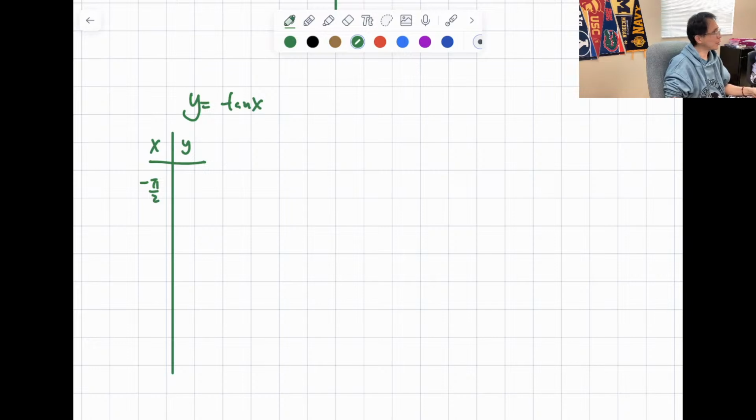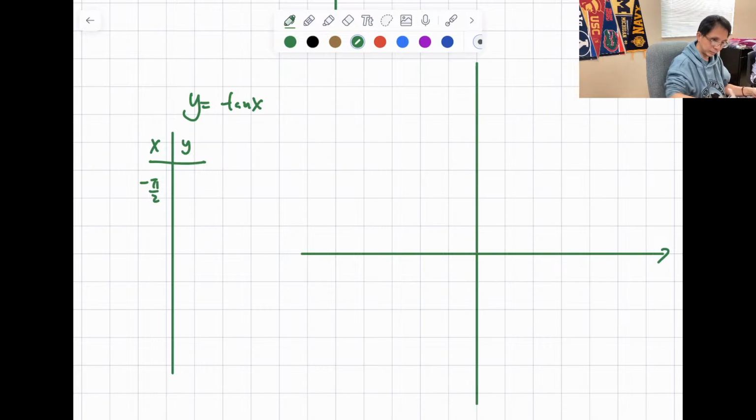What happens to tangent of negative pi over 2? What is it? No, not -1. It's undefined.